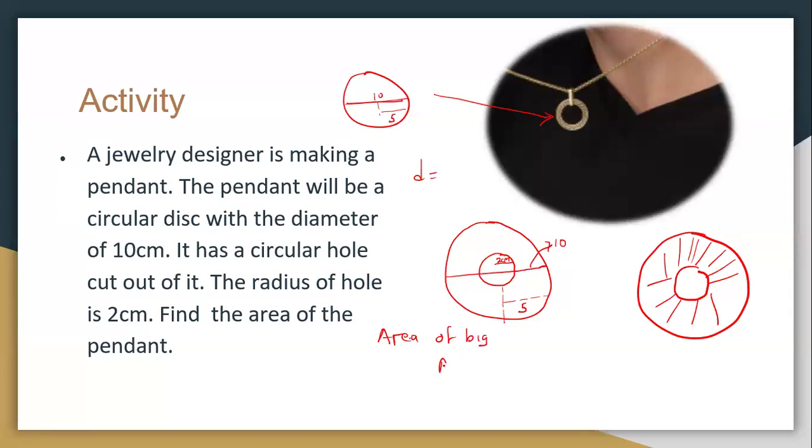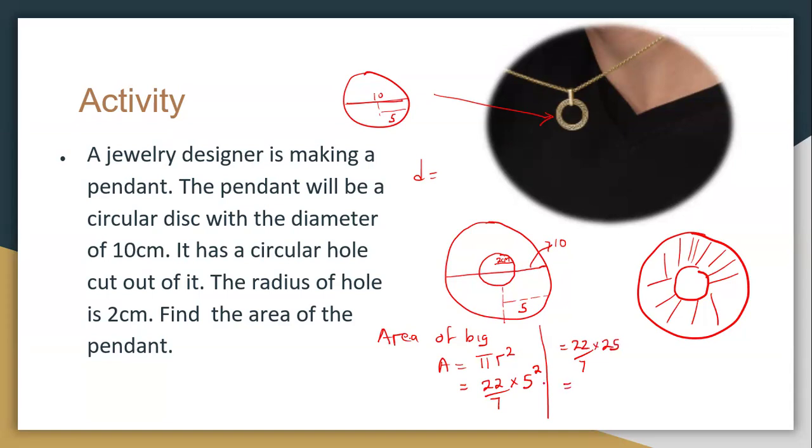We know that the area of a circle is always given by pi r squared. And please always take note, whenever they don't specify your pi, always go on and use 22 over 7. So we shall say this is 22 over 7 times our radius 5 squared, which is 25.